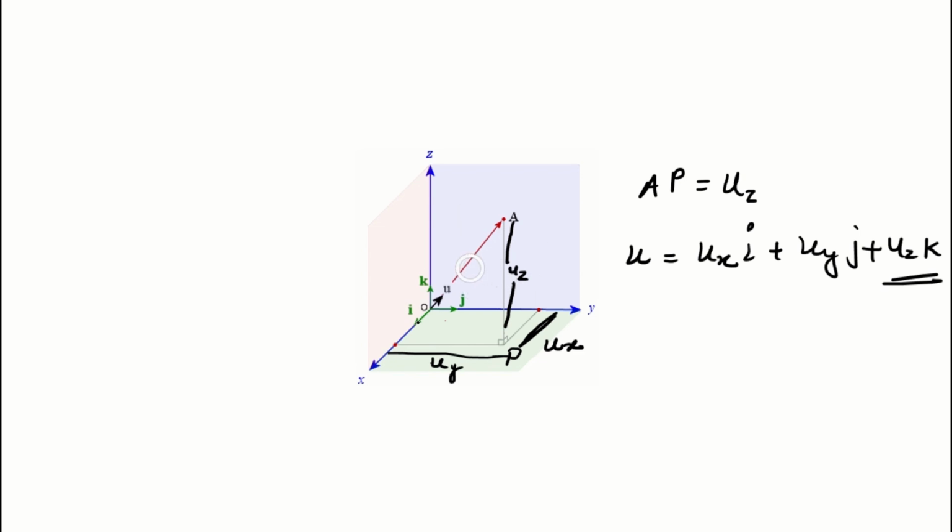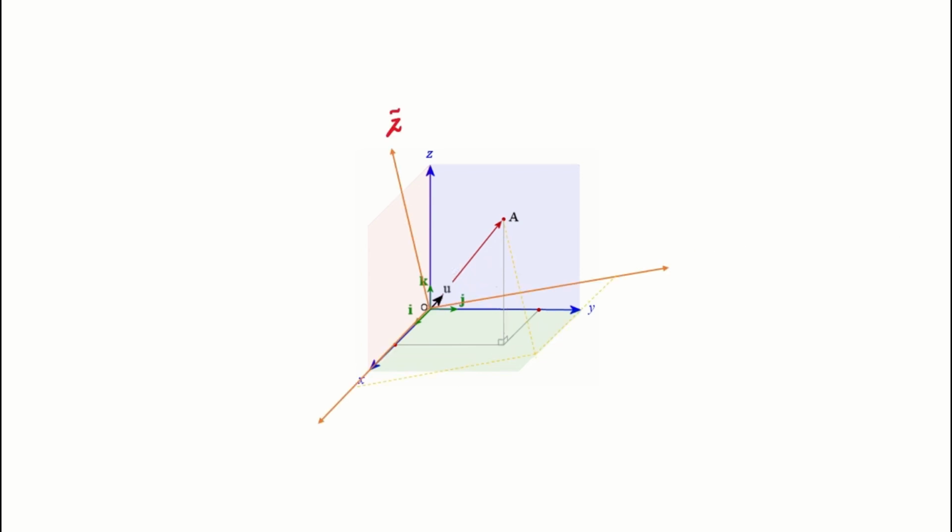Now let us transform this coordinate system into some other coordinate system. Here, this is our y bar axis and this is the x bar axis. In the old coordinate system we have this y axis, the vertical one is the z axis, and this is the x axis.